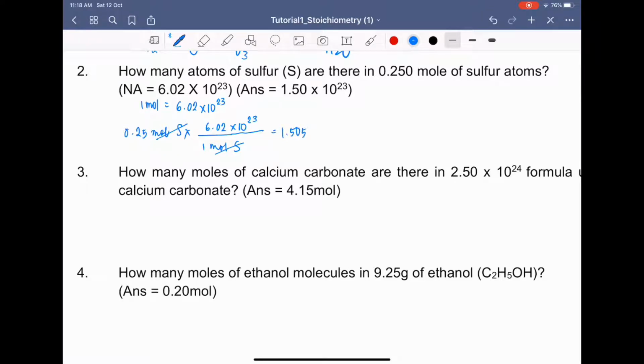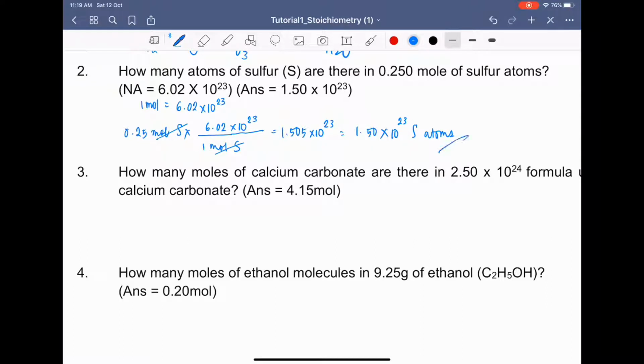The answer will be 1.05 times 10 to the 23, and we will round it off to 1.5 times 10 to the 23rd power. So that's the number of atoms of sulfur.